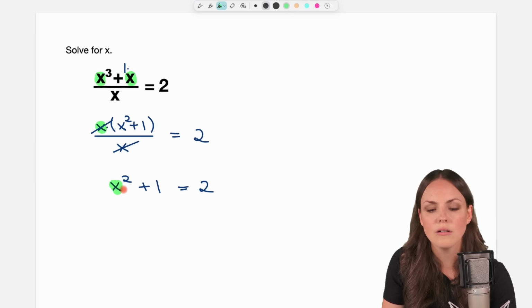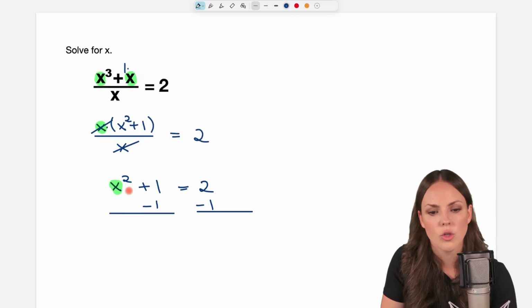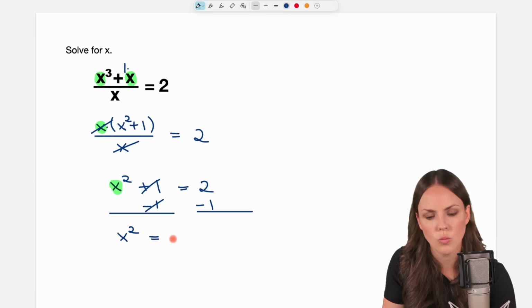And now let's solve this for x. Let's bring the 1 to the other side by subtracting 1 on both sides of the equation, so that here we have x squared left, because this cancels out, and on the other side, 2 minus 1 is 1.